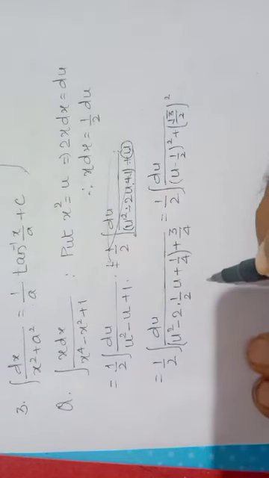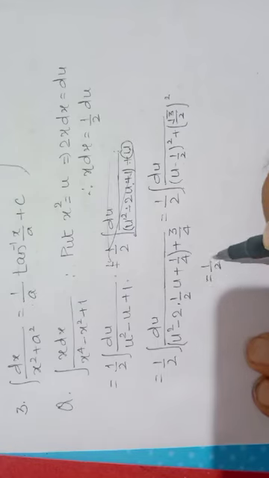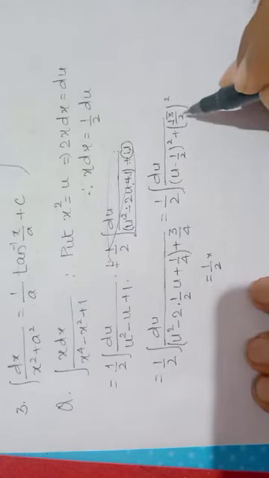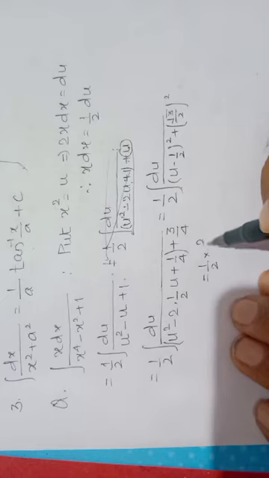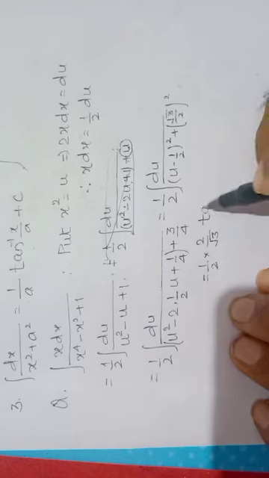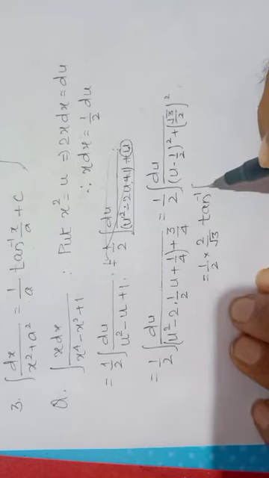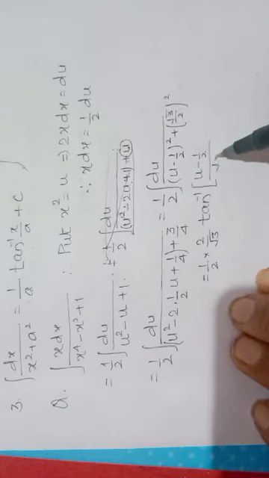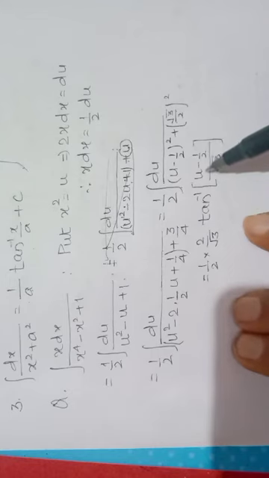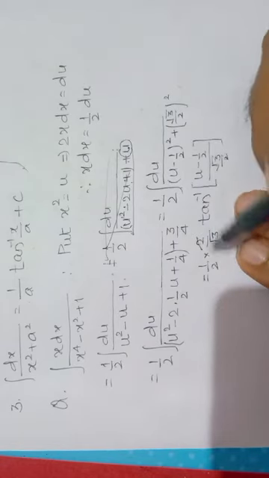So write in the form 1 by 2, which is already here, into 1 by a, where a is root 3 by 2, so 1 by a should be 2 by root 3, tan inverse x by a, here x is u minus 1 by 2 and a is root 3 by 2. Simplify this one. After taking LCM of the numerator, 2 and 2 should be cancelled. So here 2 and 2 also cancel.